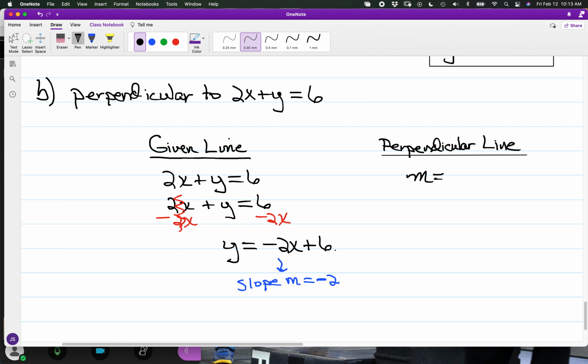So the slope of the given line was at -2. Now for the perpendicular, we have an opposite sign reciprocal. So you have going from a negative to a positive, and flipping the 2, or 2/1, we're going to have it 1/2. And once again, the point through which the line passes, okay, we have it (2, 5).